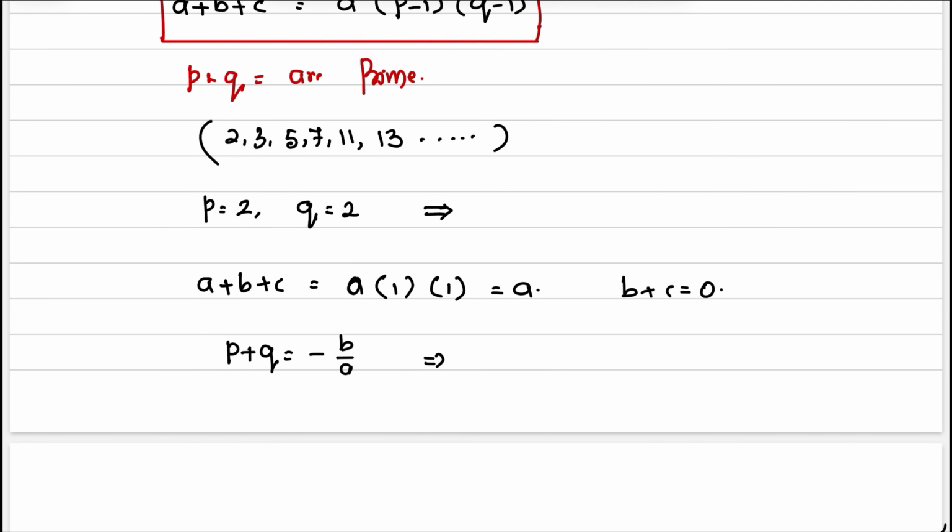P is 2, Q is 2, so 4 is equal to minus B by A. And PQ is equal to C by A.